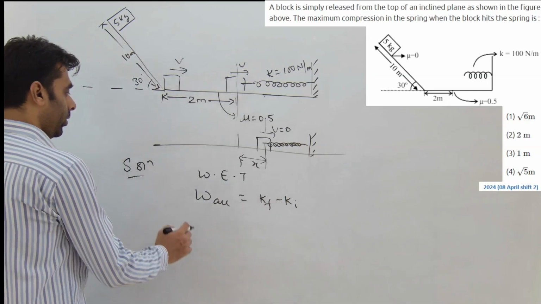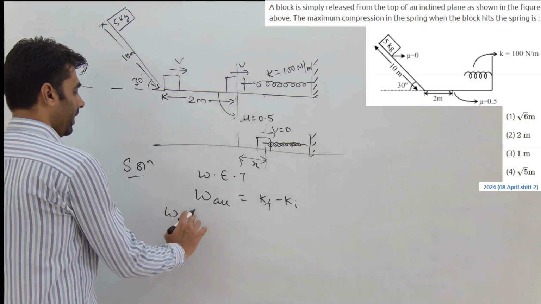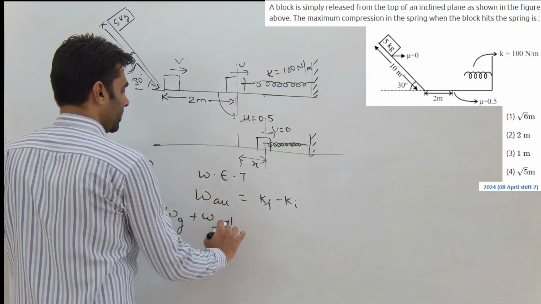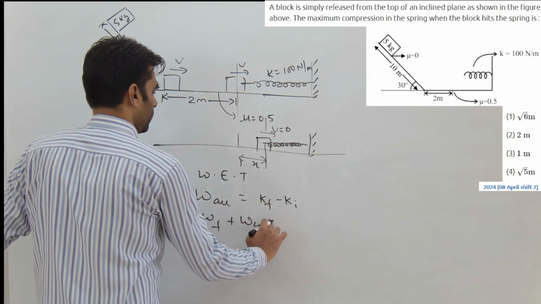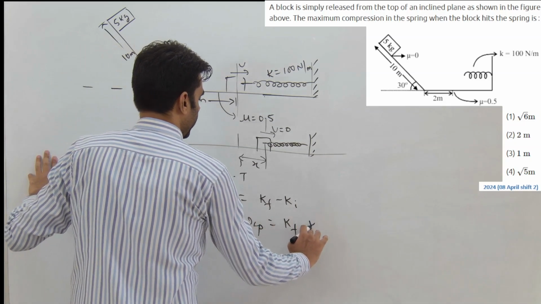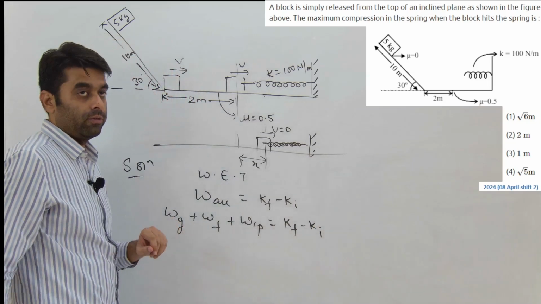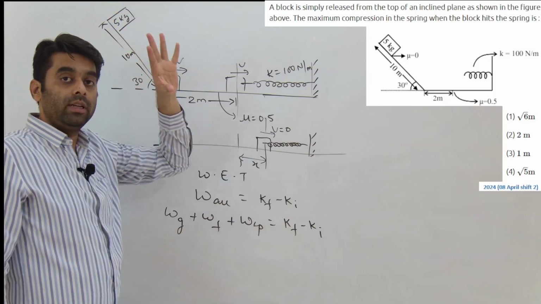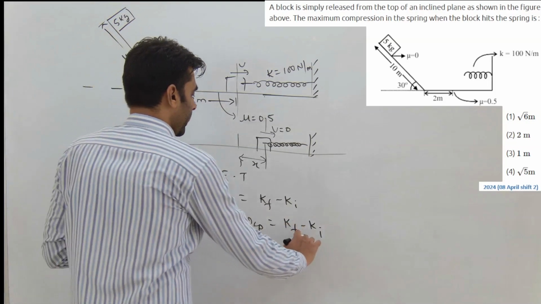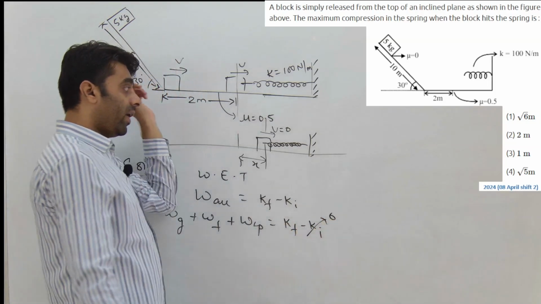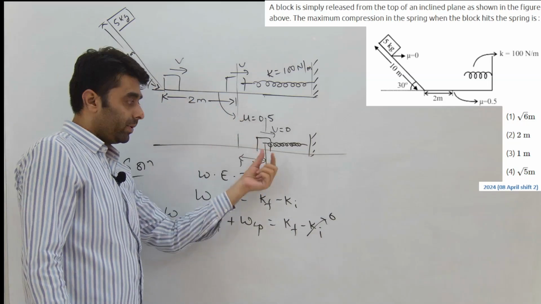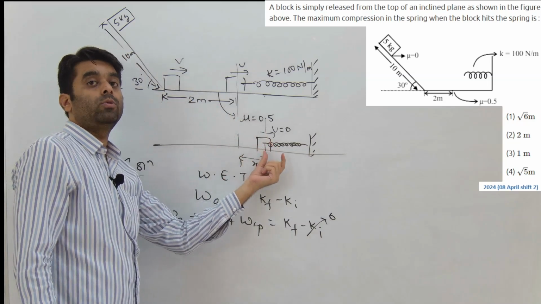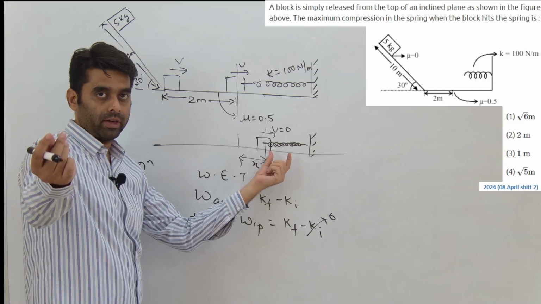Work done by gravity plus work done by friction plus work done by spring is equals to K final minus K initial. Initially, at the topmost point when you release it, velocity is 0, so initial kinetic energy is 0. Finally, when the maximum compression happens, the block has to come to rest for a moment.